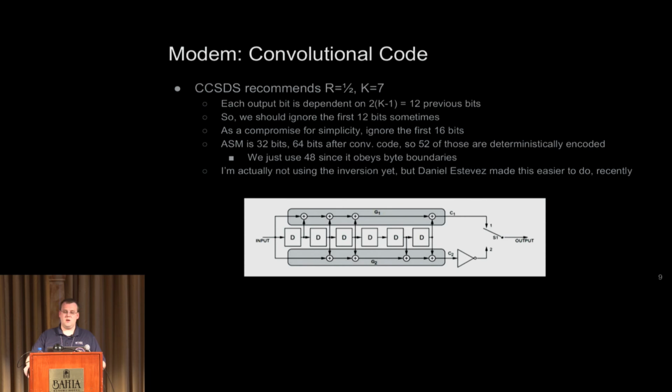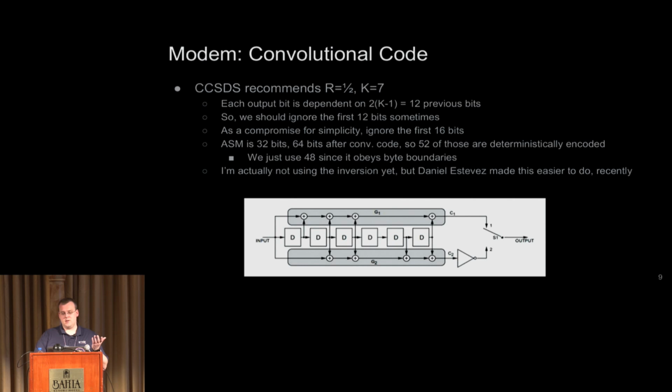Because of that 12-bit memory, when you convolutionally encode that ASM, the first 12 bits are sort of indeterminate. You don't know what they'll be a priori, because it depends on the data that came before. But the bits after those 12 bits are all deterministic. If you pre-encode it, that's how it'll look in the data stream. And for simplicity, I chopped off the first 16 bits just so I could stick to byte boundaries.